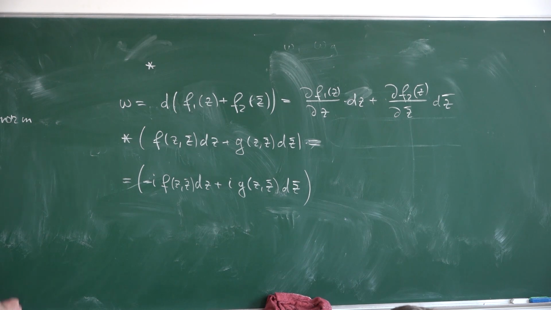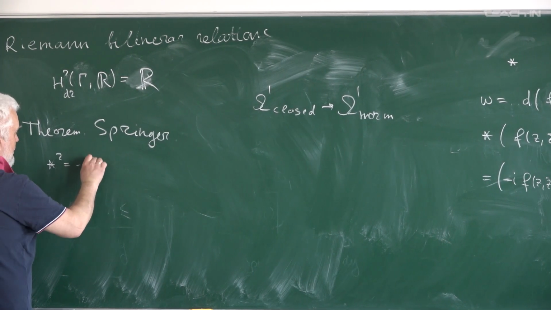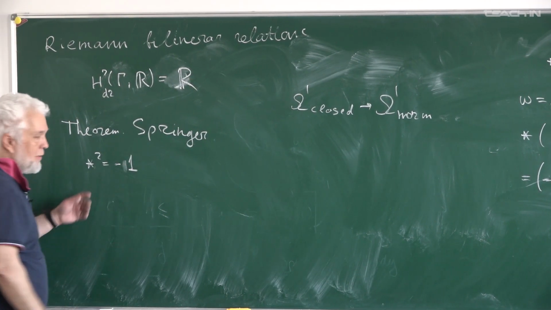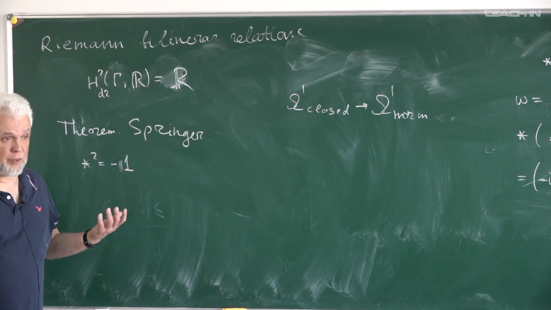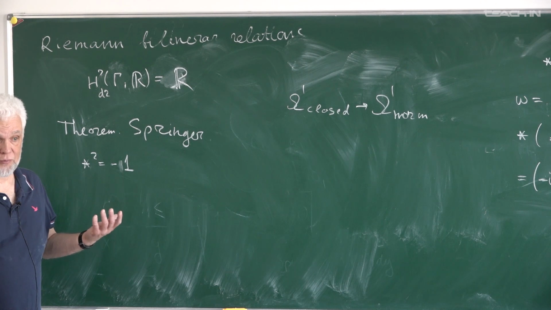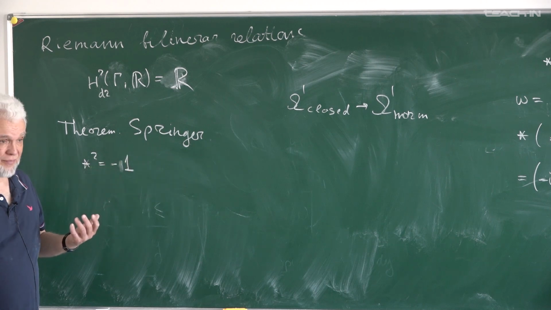Moreover, we see star squared is -1. Consider that you have a 2G-dimensional space of harmonic forms, and the operator star acts on the space.